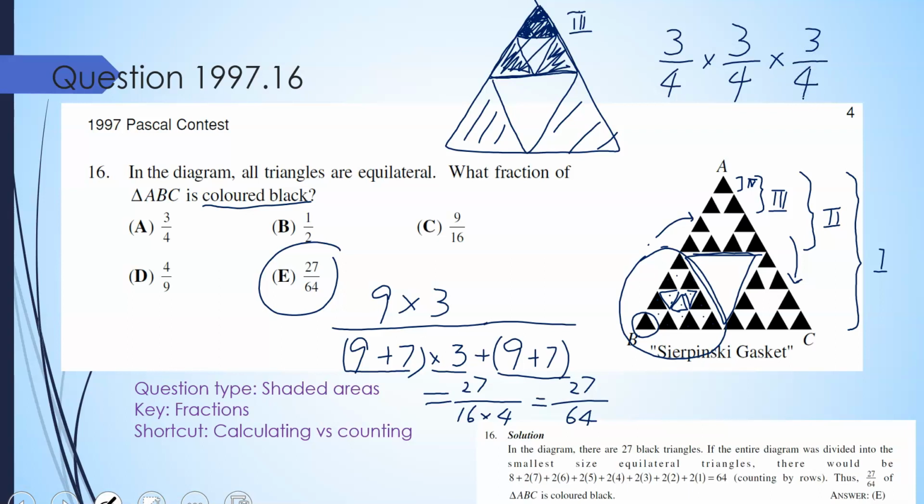By this time, we have found out the overall area which are shaded. Now let's times these together. 3 times 3 times 3 gives you 27. 4 times 4 times 4, that's 4 to the power of 3. That's 27 over 64.